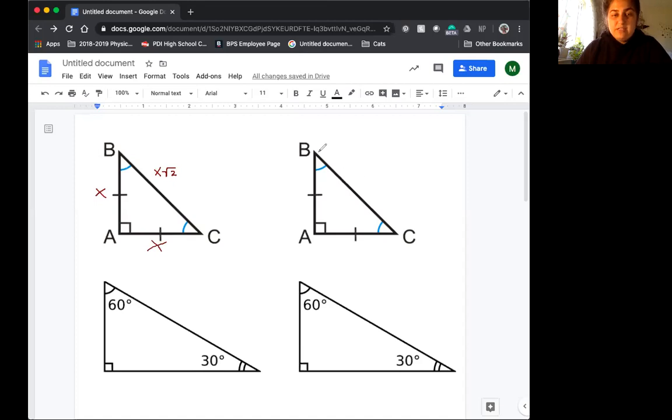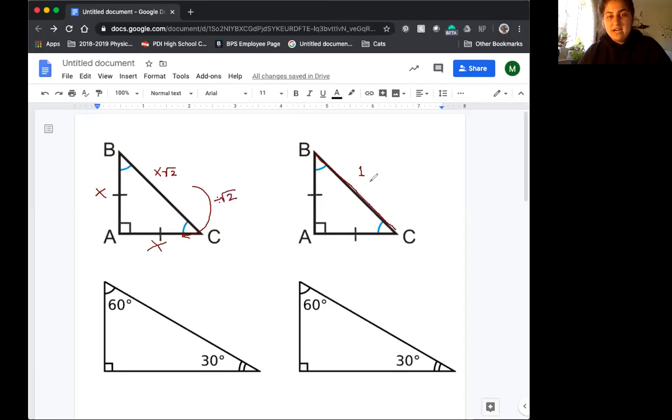If the hypotenuse of this triangle is our radius in the circle, we're going to call this 1. What gets tricky is that if this whole thing is 1, and in our pattern it's X times root 2, to get to the side we always have to divide by root 2.